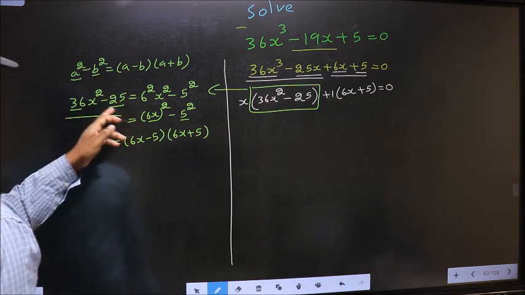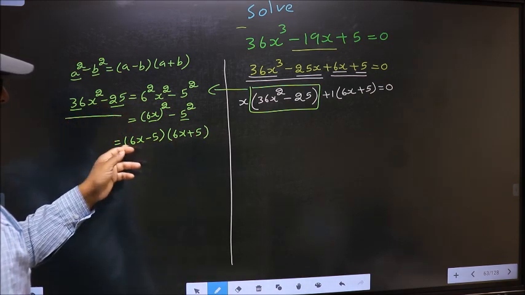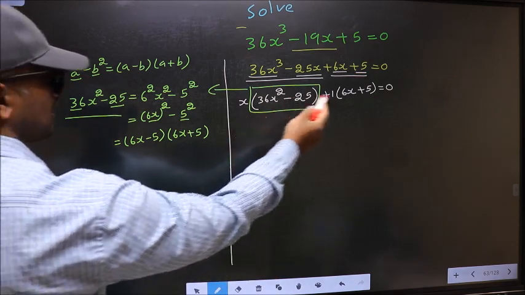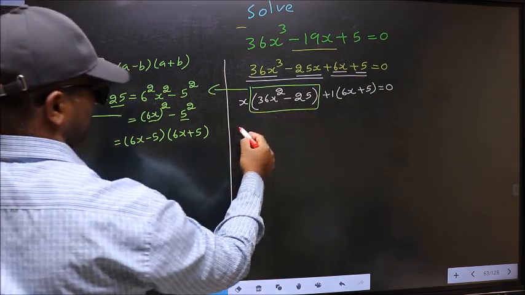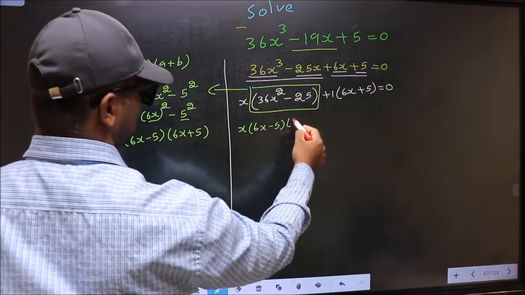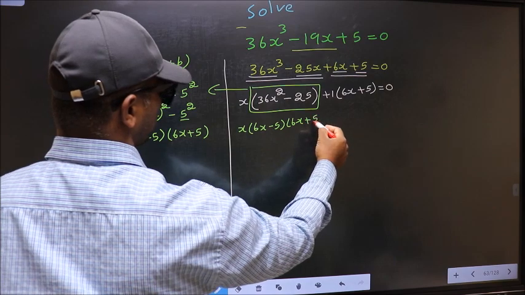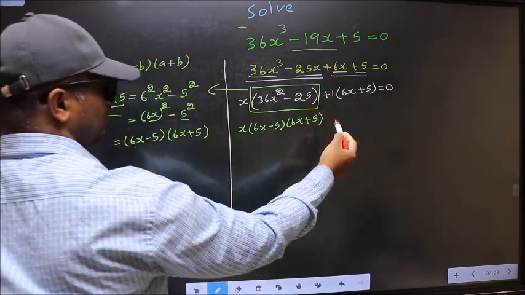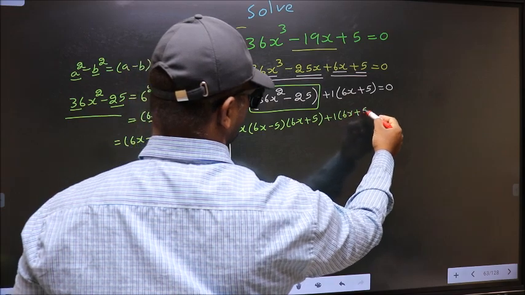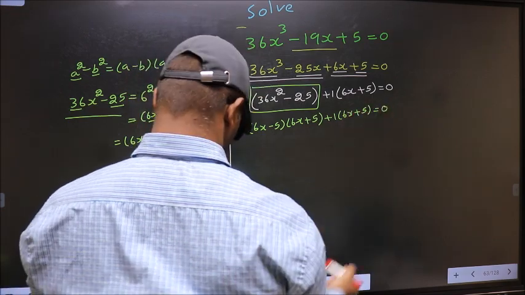So in place of this quadratic we should write this over here. So this equation becomes x times 6x minus 5, 6x plus 5, this no change, equal to 0.